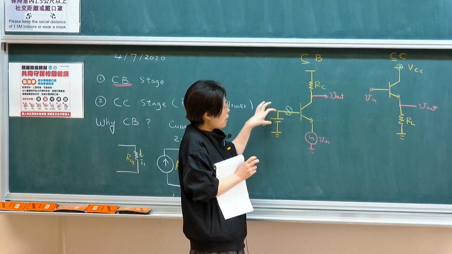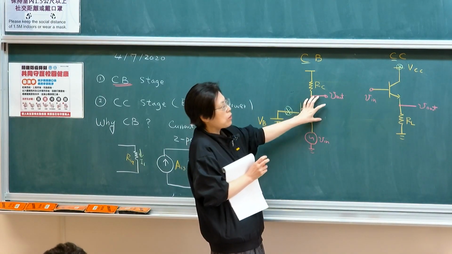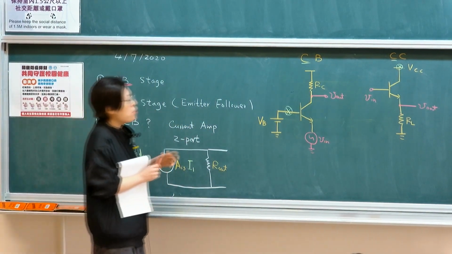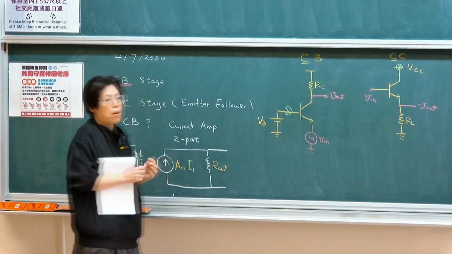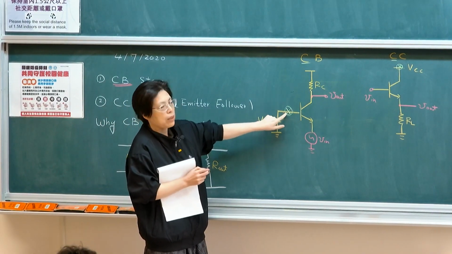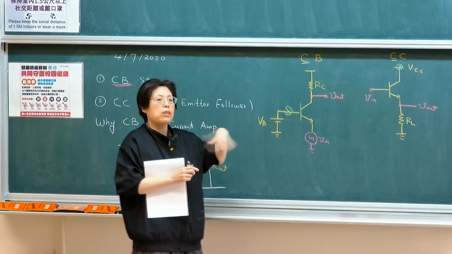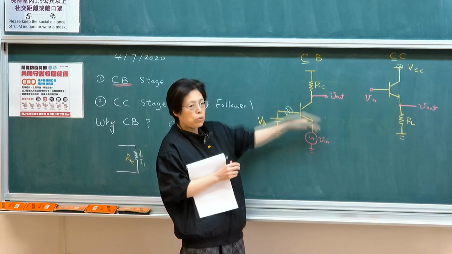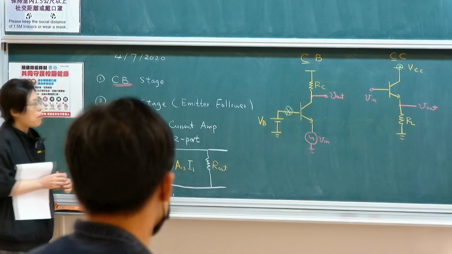Collector is still the output, but instead of coming in from the base, the input is connected to the emitter. This type of structure is called the common base structure because the base is the common node, where the other nodes are where your signal is being carried through. So signal coming in and signal going out are at these 2 other terminals rather than the common reference terminal. So that's called the common base.